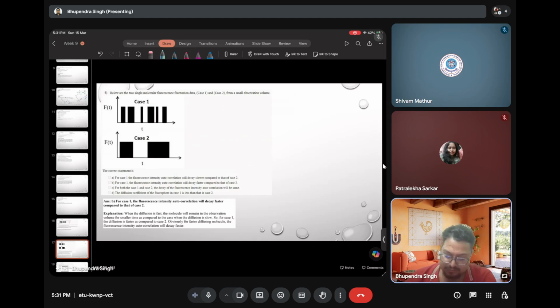I am not sure about D, but option B should be the correct one. You guys have any idea? Any idea about option D? I know option B is correct. The diffusion coefficient of the fluorophore in case 1 is less than in case 2.